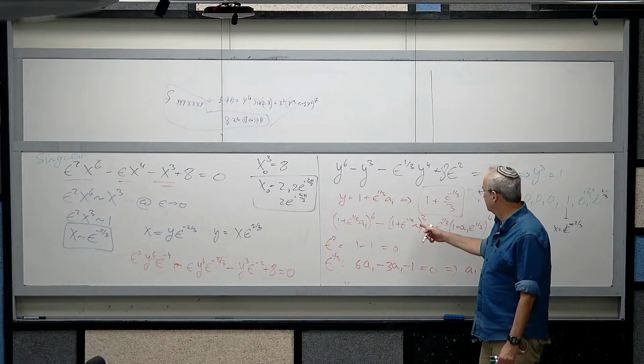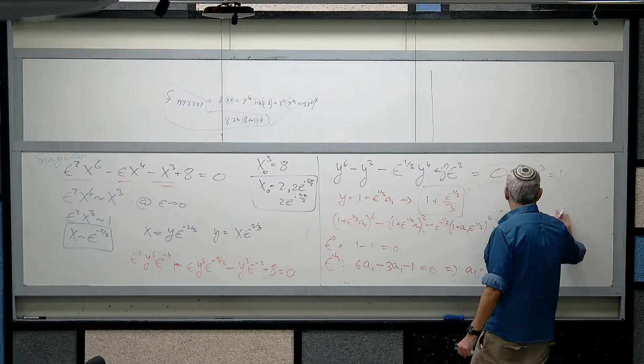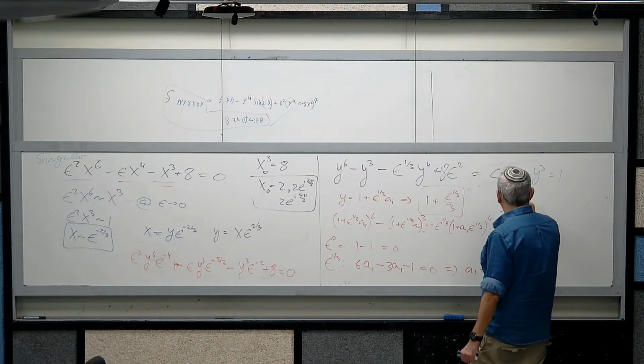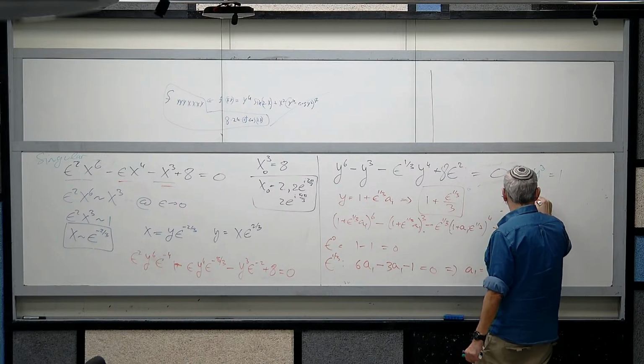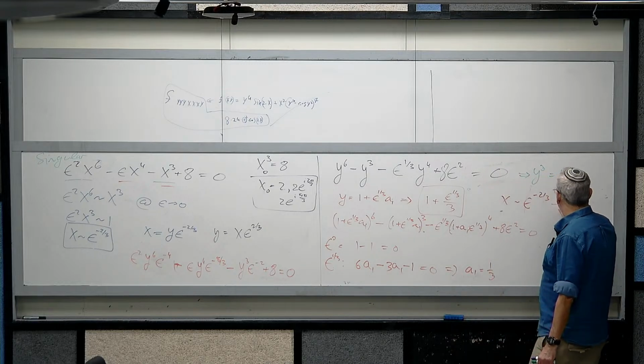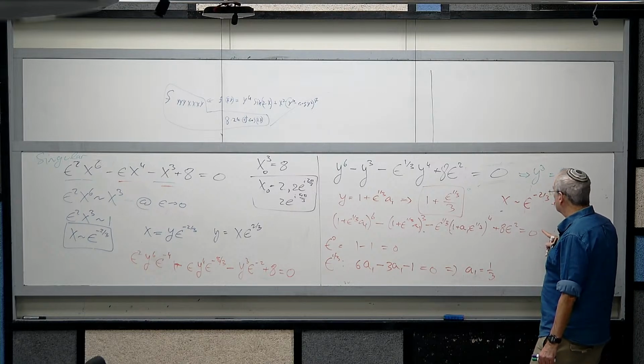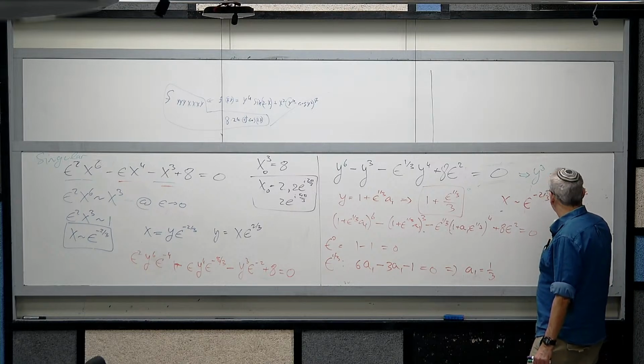Right? Where again, this will correspond to x, which is 1 over epsilon to the, or epsilon to the minus 2/3, that goes to infinity, plus epsilon to the minus 1/3 over 3.